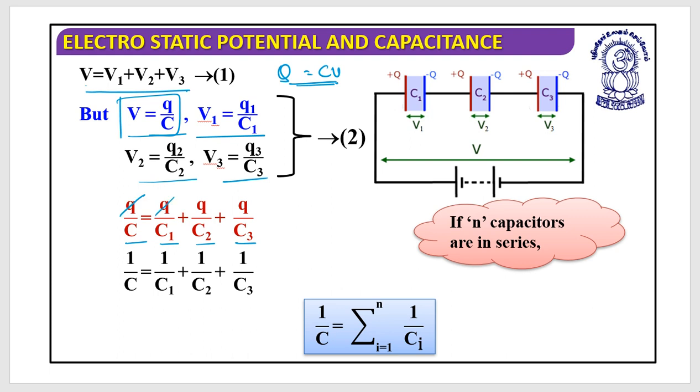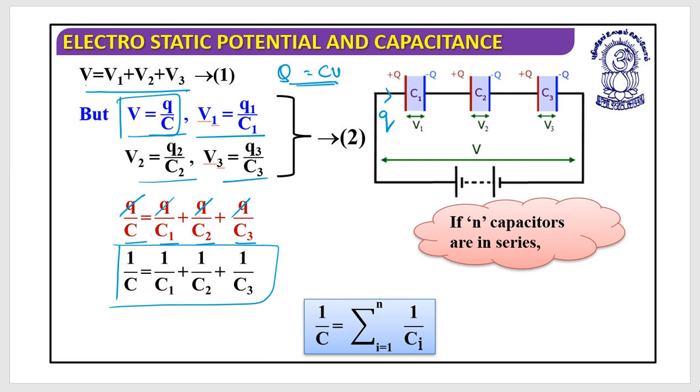As they are connected in series, the charge flowing through them is equal, so this charge q cancels. So the relation is 1 by C equals 1 by C1 plus 1 by C2 plus 1 by C3. I hope this is clear.